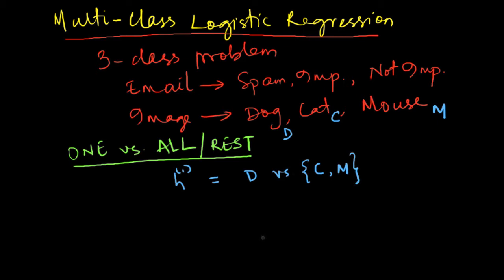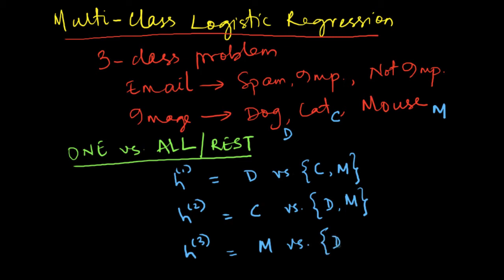Here you put C and M in one category, call it the not dog category, and then learn this classification. Now you can learn another hypothesis function which tells you the classification between the cat and D, M. So now you put the dogs and the mouses in the same category and you learn how they are different from cats. And then you have the third function which is M versus D, C. So you put all the dogs and the cat images now in one category and learn how they are different from a mouse.